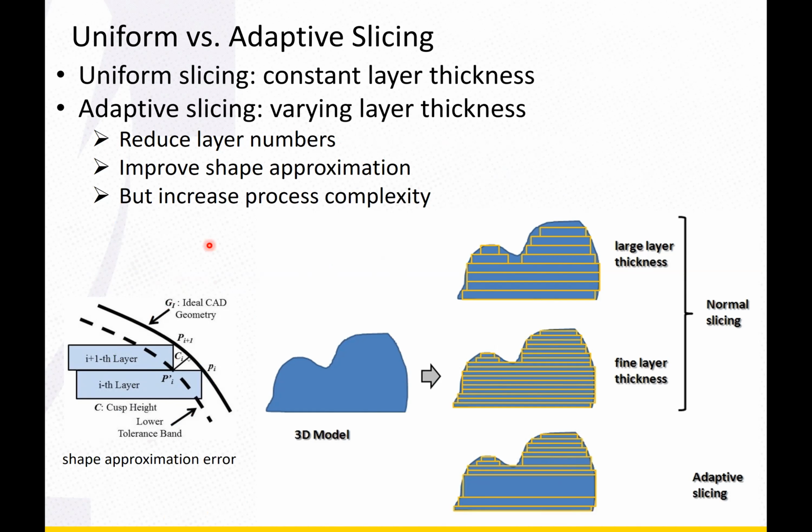For example, in this typical one, it has fewer layers. If you make a very thick layer over here, the approximation error is still not that big. But in regions with high curvature, you have to put more layers with smaller layer thickness, such that the approximation will be much better. That is the so-called adaptive slicing.